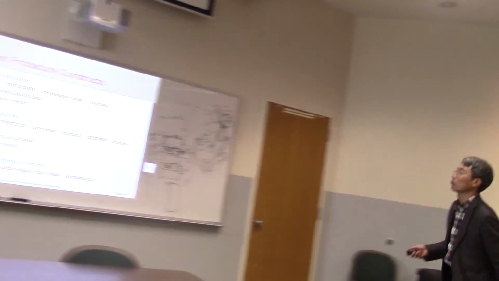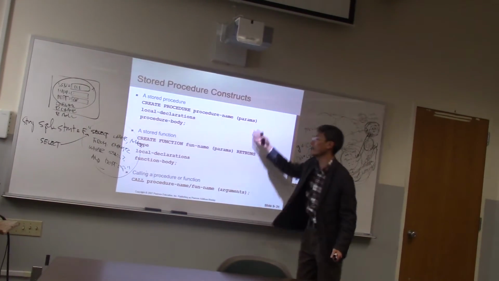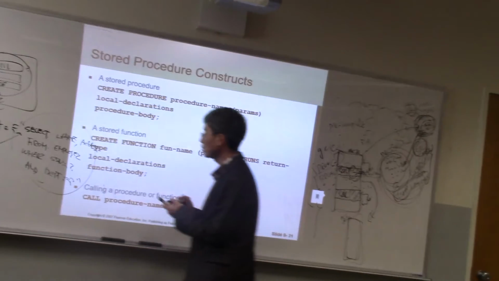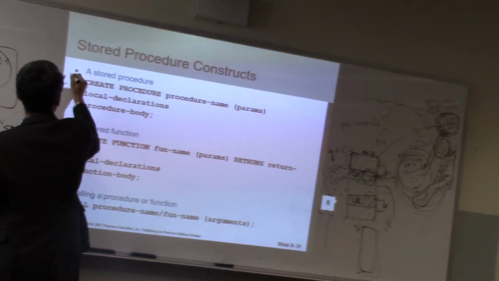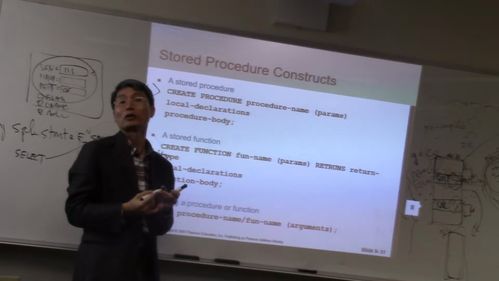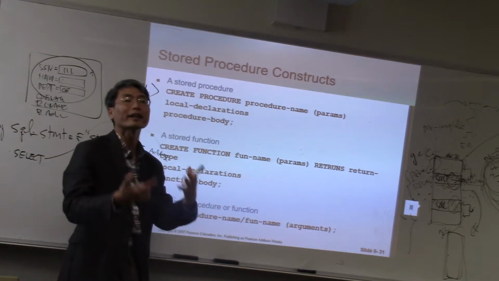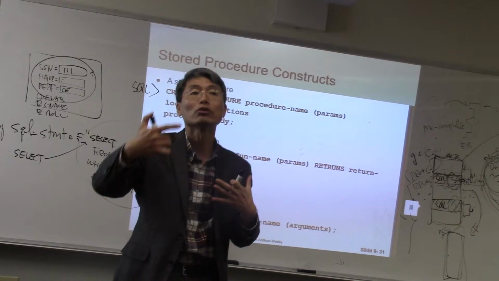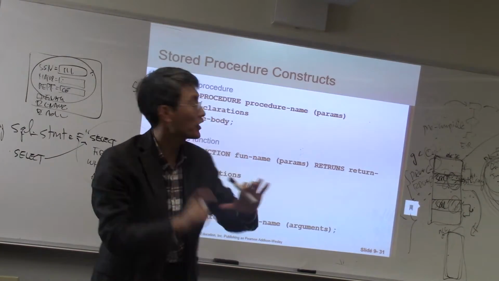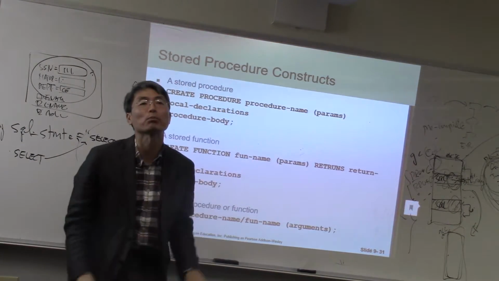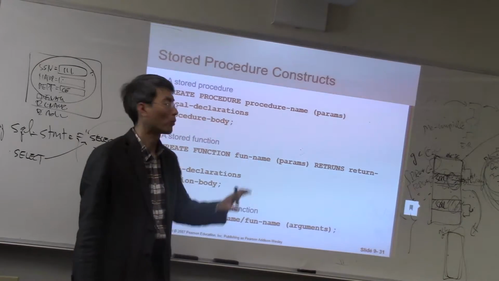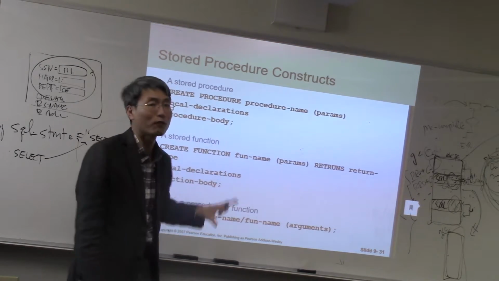Like this one, we can create these database objects. So you can do this in SQL Plus, for example. Then submit this one, then this procedure will be created. Later, in your database, you can execute this procedure. Function is the same. What's the difference between the procedure and function?